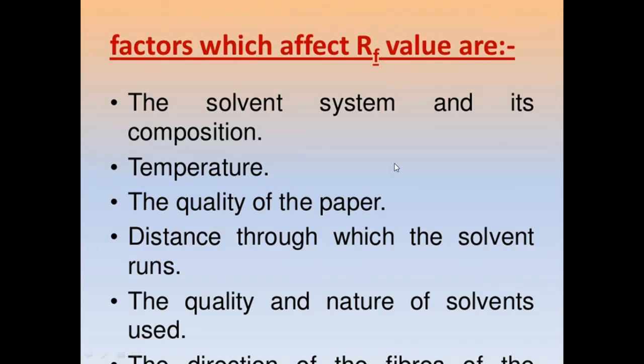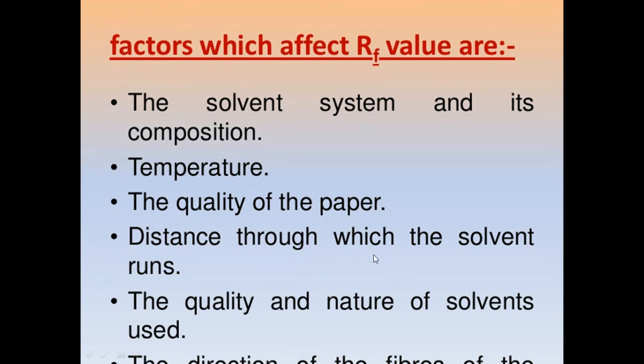Now, what are the factors which affect the RF value? The RF value can be affected by changing the solvent system, that is whether you are taking polar or non-polar, or a single solvent or a mixture of solvents. Then it depends on the temperature at which the experiment is run. The quality of the paper, in paper chromatography, also affects the RF value.